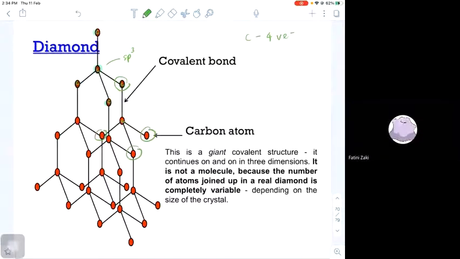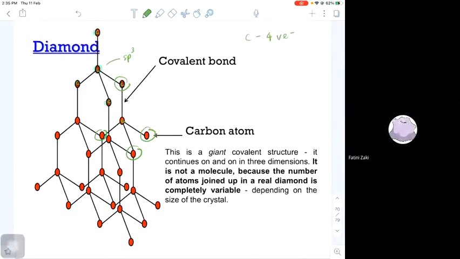So one carbon will attach to 4 other carbons, and this attachment will continue on and on in 3 dimensions. That is why this diamond, or the network covalent solid, is also said to be not a molecule, because the number of atoms joined up in a real diamond and graphite is completely variable. The number of carbon is not fixed.